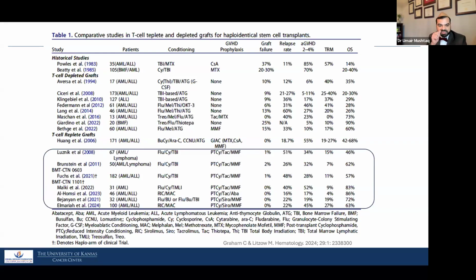In the United States, the standard of care has been to use post-transplant cytoxin. I'll talk a little bit more about that because it's important to convince people to adopt PTCy. Centers that are using ATG-based conditioning will stick to that, and those are usually Chinese centers, and a few European centers, but everyone else is using PTCy now.